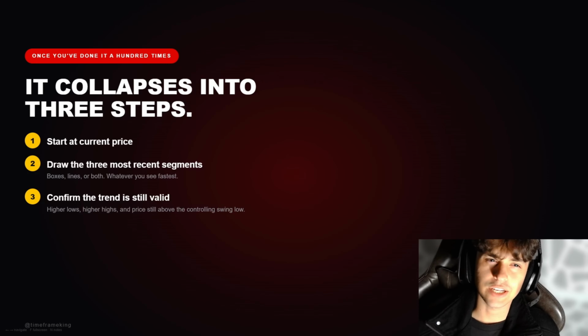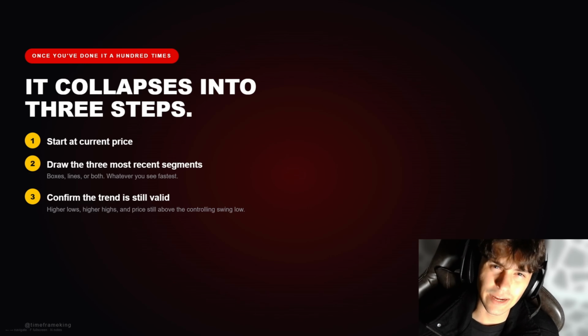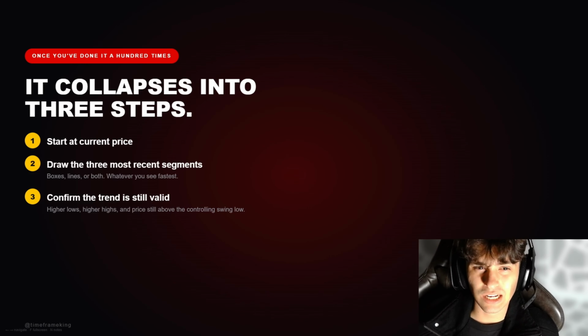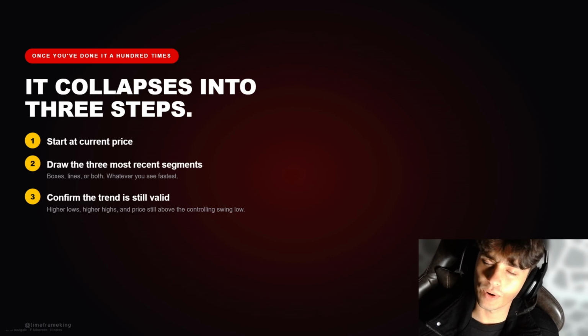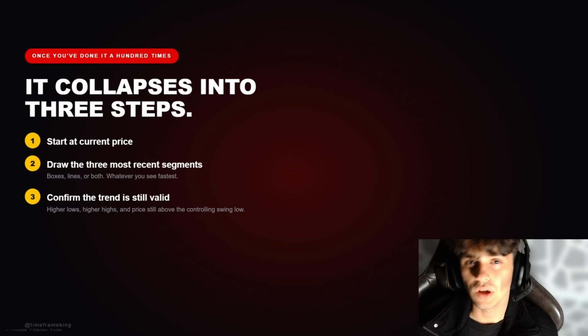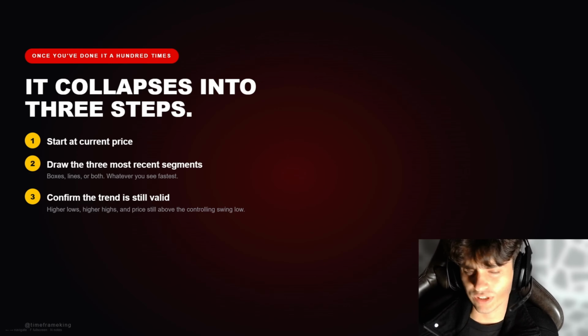With time and experience, once you've done this 100 times, it only comes down to three steps. Start at current price, draw the three most recent segments, boxes, lines, whatever you see quickest, and confirm whether it's valid or not. Higher lows, higher highs, price is still above the controlling swing low. Great, that's an uptrend, and it takes about 10 seconds once you have it down.